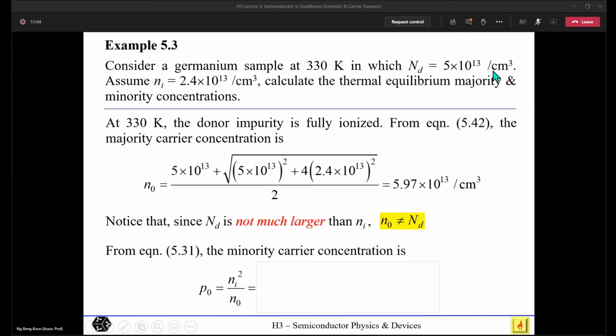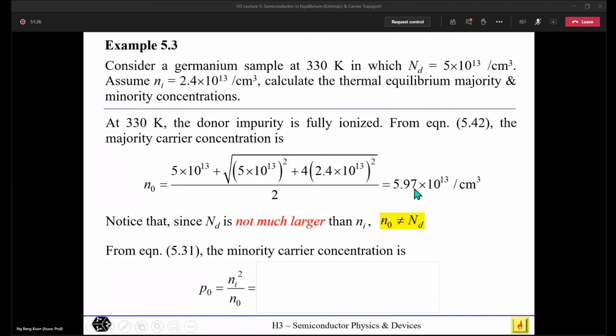So remember your donor doping is 5 by 10 to the power 13. So there's actually an extra 0.97 by 10 to the power 13, which will obviously come from the band-to-band generation, because the doping you only put in is 5 by 10 to the power 13. So why don't you see this for the previous case?